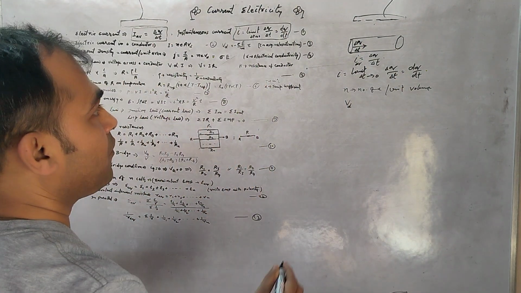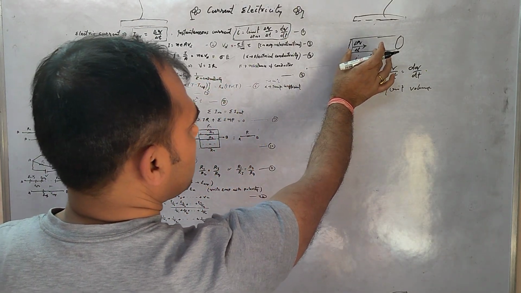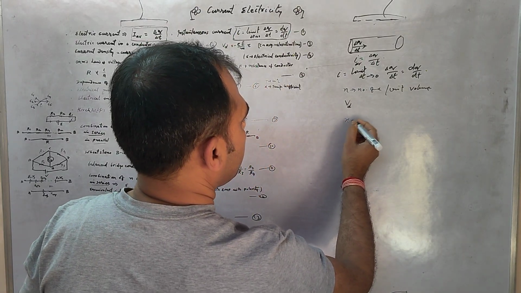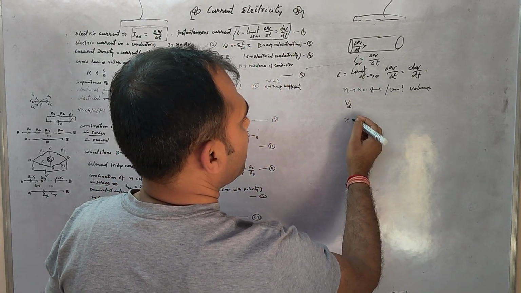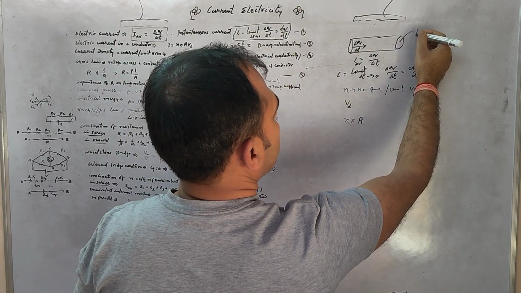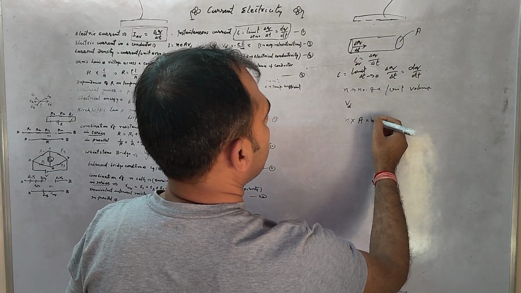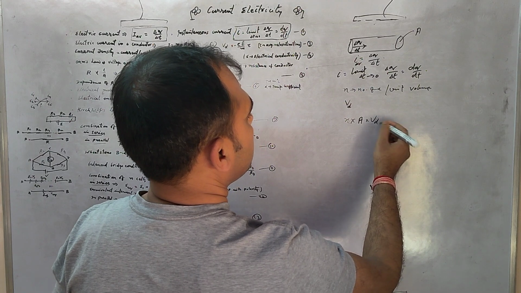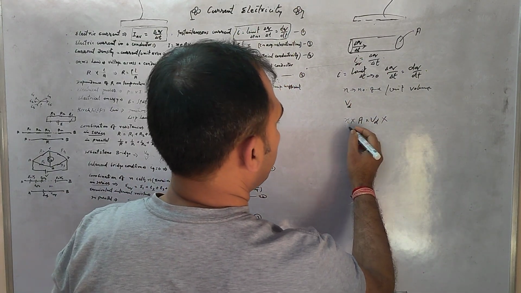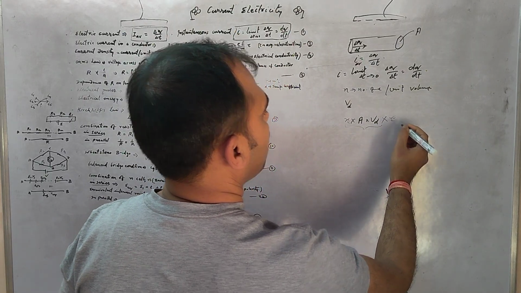So the charge moving across this conductor in 1 second will be n per unit volume into volume, that is A is the cross section area, this into vd, that is drift velocity, so this will be the number of electrons, and into e, that is charge on the electron.